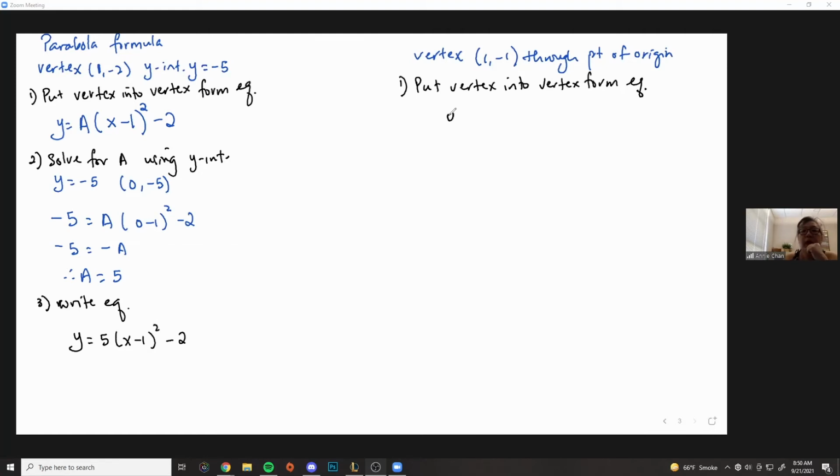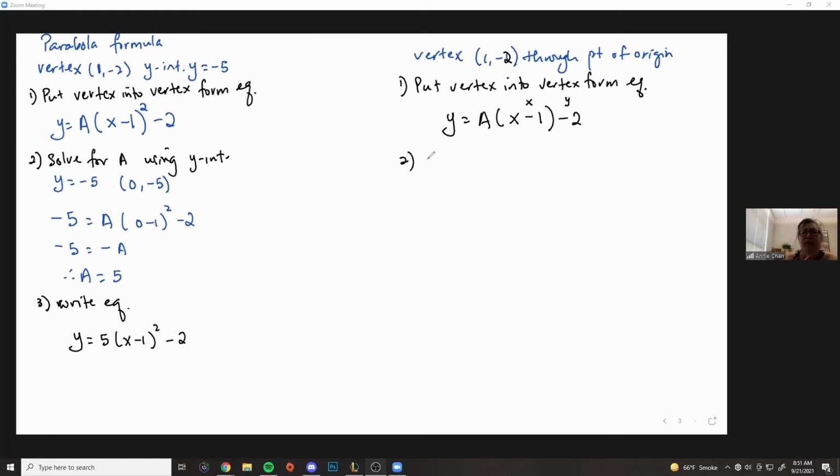So we would have y equals a times (x minus 1) squared minus 1. This minus 1 is from x. This minus 1 is from y. Maybe I shouldn't put -1 minus. Let's change this one so that you know for sure. -2, okay?